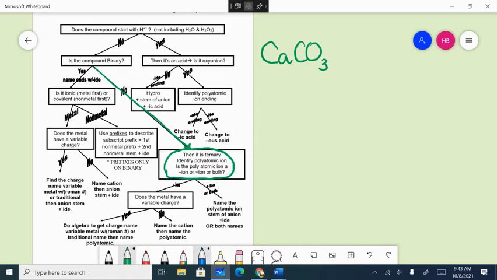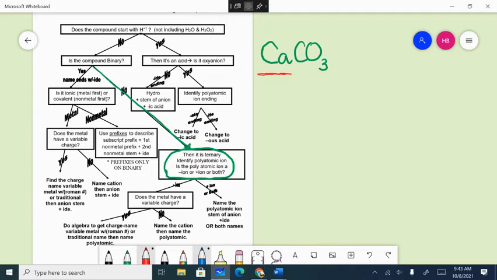Identify the polyatomic ion. Is the polyatomic ion a negative ion or a positive ion or both? Well, let's look at our list of polyatomic ions. What's your only positive polyatomic ion? Ammonium. So as soon as you say, well, that's not ammonium, you can pull off the cation. In this case, the cation is calcium.